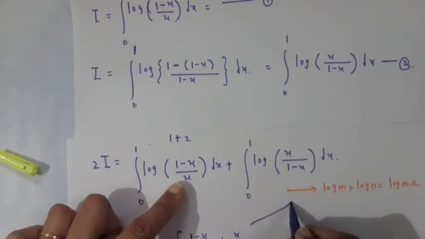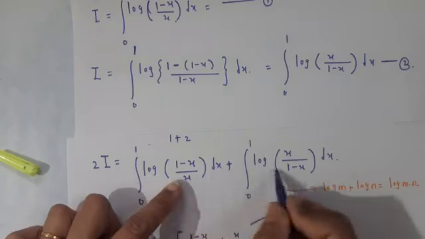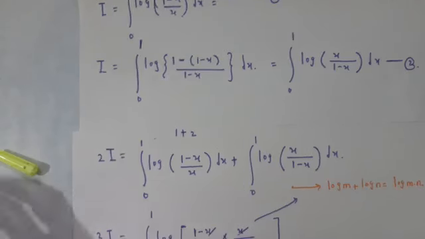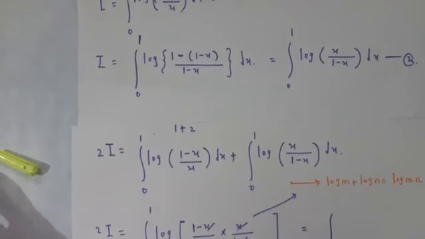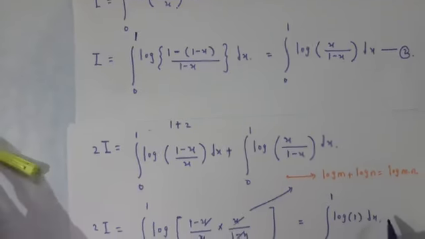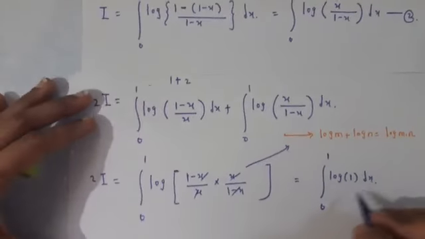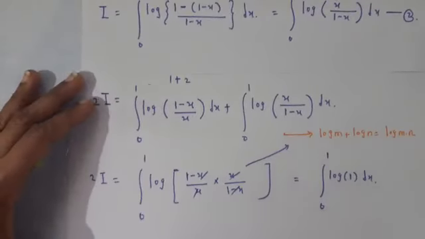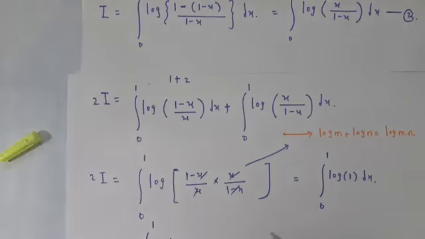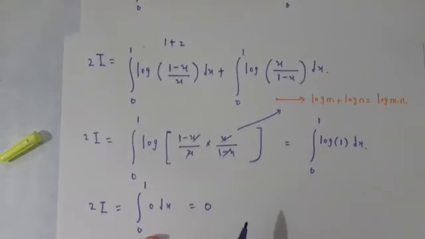These get cancelled, and this is equal to integration 0 to 1 log of 1 with respect to x. Students, you know that log of 1 is 0, and integration of 0 is 0.